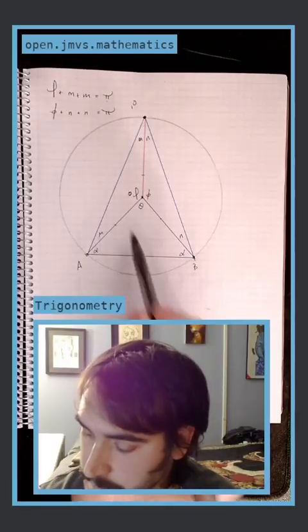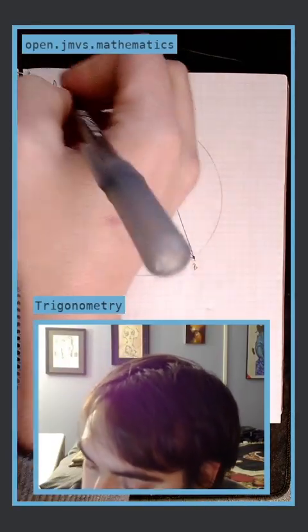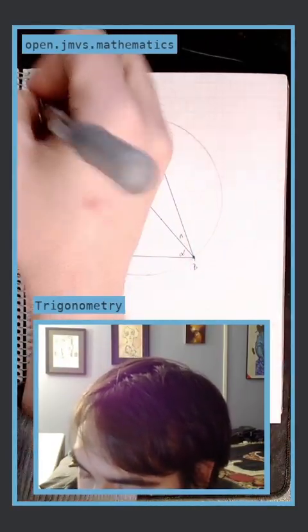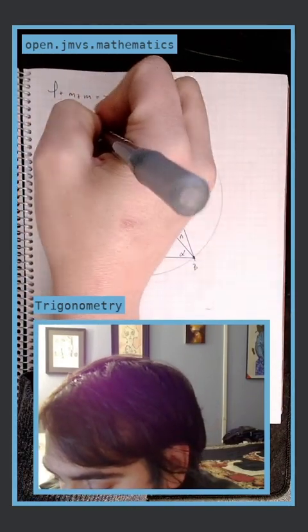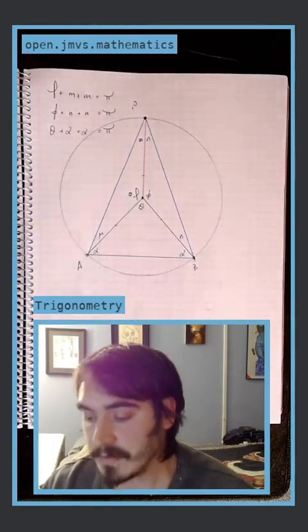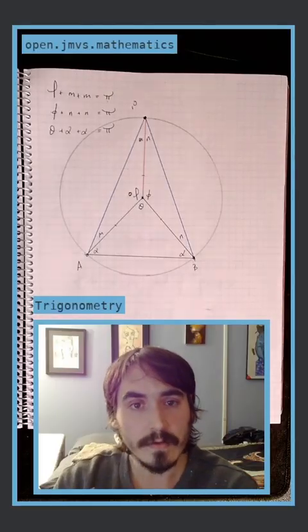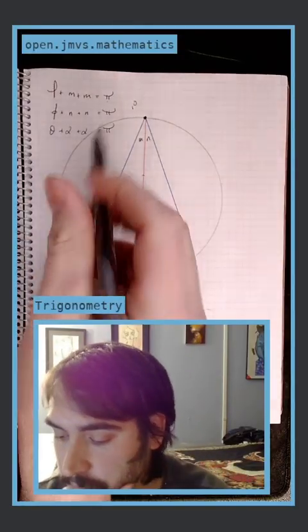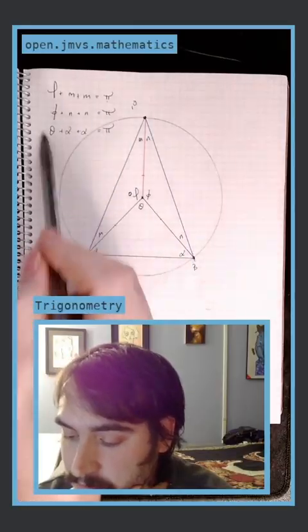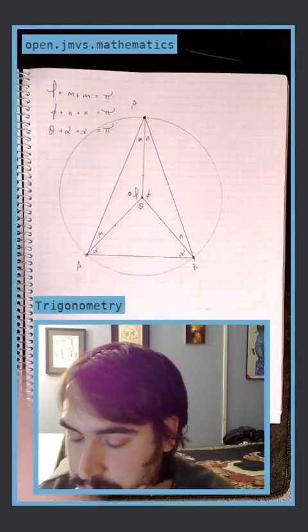And finally, what did I do? Oh, theta. Theta plus alpha alpha. Okay. Great, so we have some information here, which captures requirements of triangles individually.